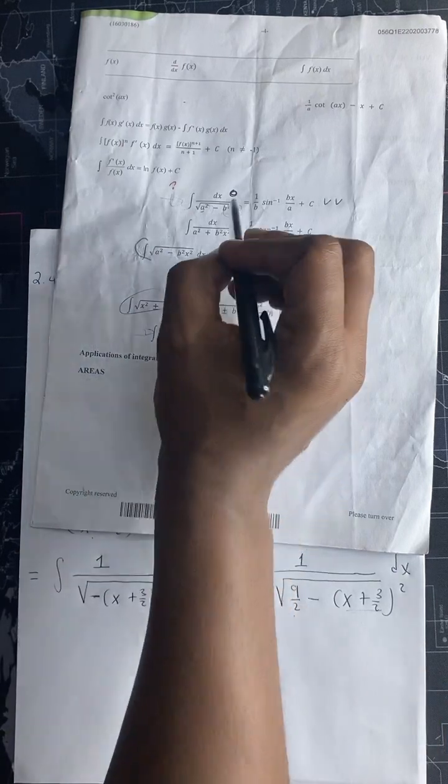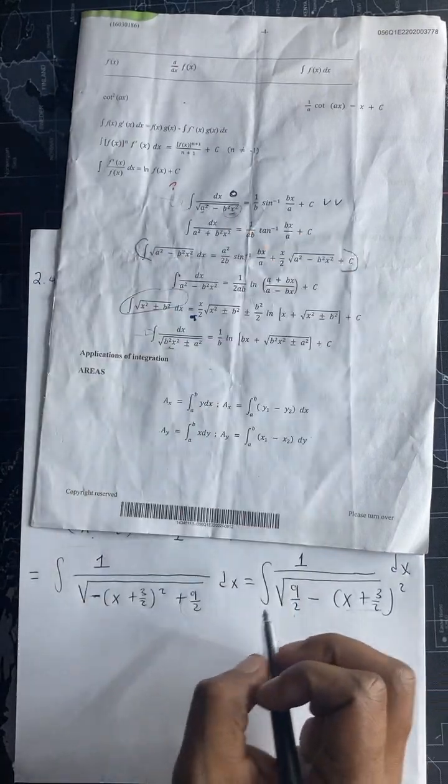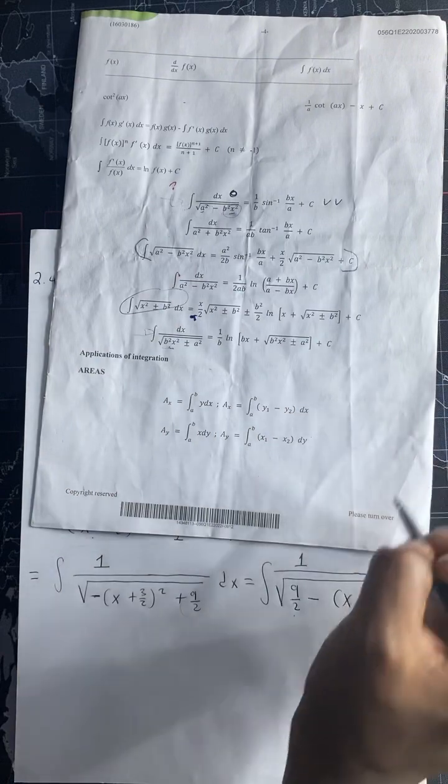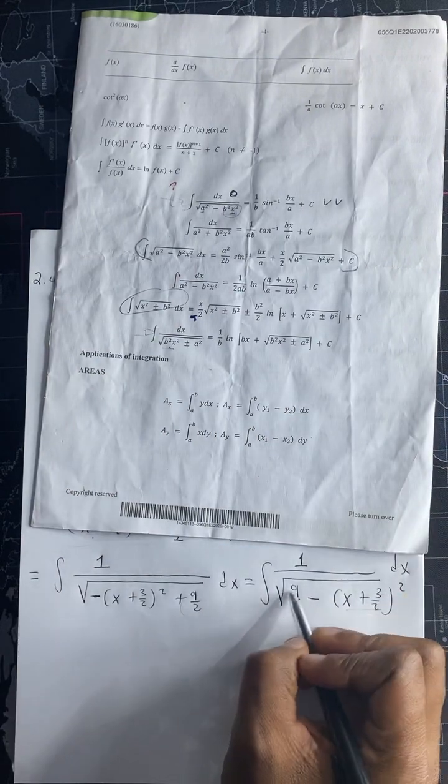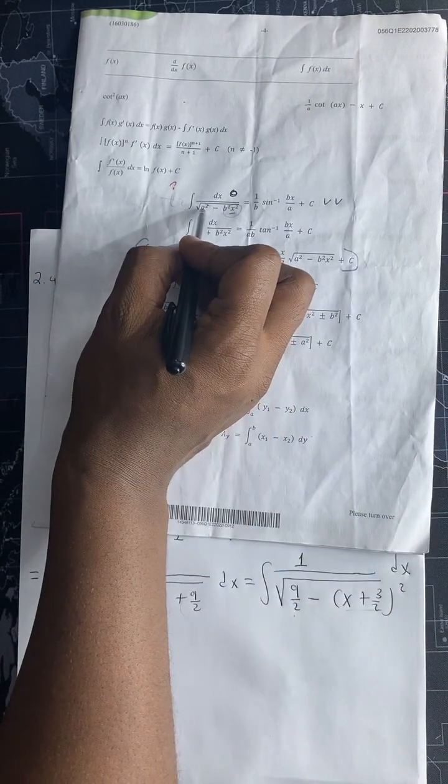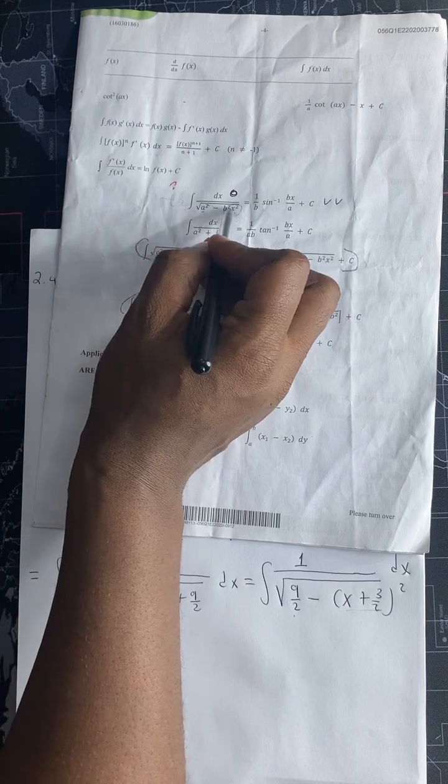So we use the first formula, and according to the first formula, we have to write this in that standard form with the a squared and the b squared.